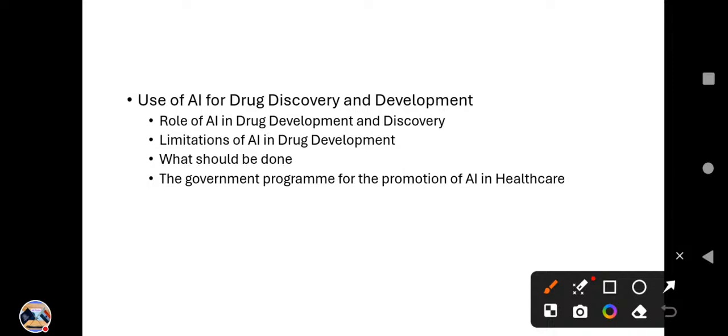It allows for more targeted drug design with better efficacy and fewer side effects, okay. So you should remember this role of artificial intelligence for drug discovery and development, okay.